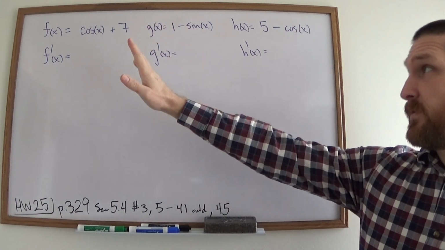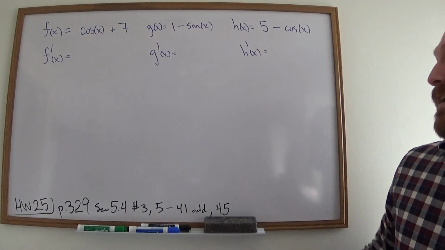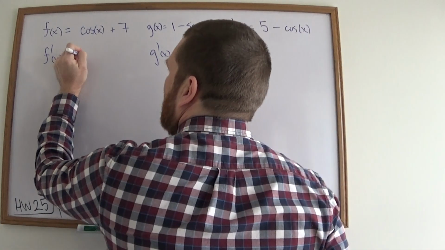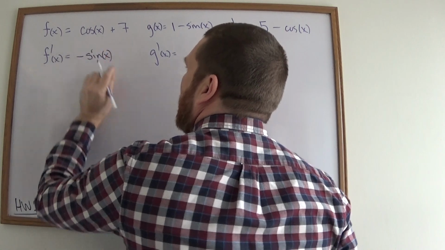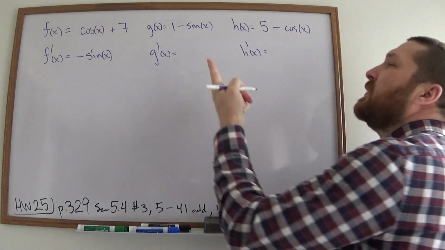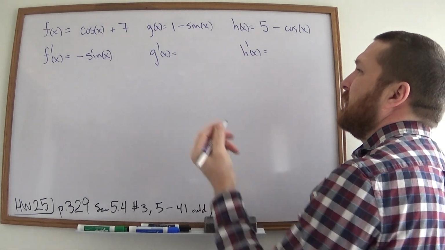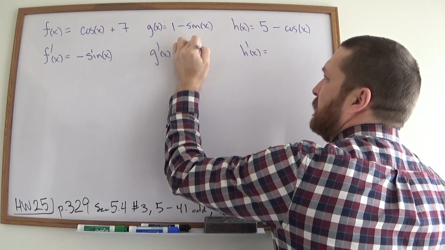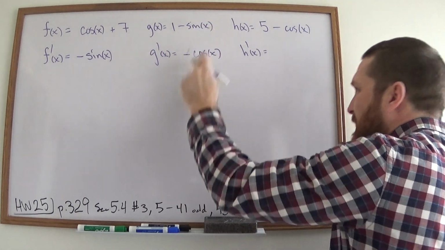Let's do this first. So, what's the derivative of this function? Negative sine, right? Because cosine goes to negative sine, and then plus... Zero. Okay, so now we take the derivative of this, and what do we get? Negative cosine, because it was negative sine, and so it stays negative, right?